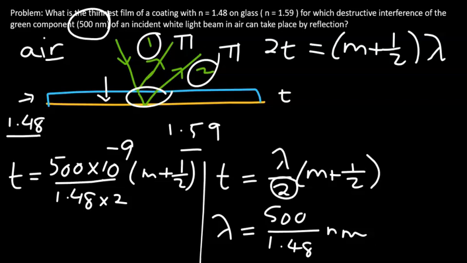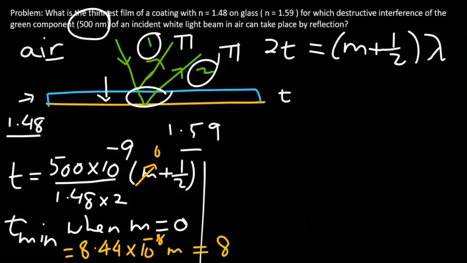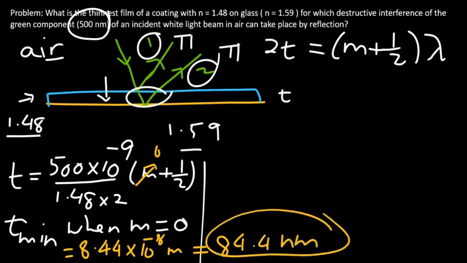So from this expression we see that T is minimum when m equals to 0. So by setting m equals to 0, we obtain the following number for T, which is the minimum value of T. And that value is 8.44 times 10 to the power minus 8 meter, or in the unit of nanometer, 84.4 nanometer. And that solves the problem.